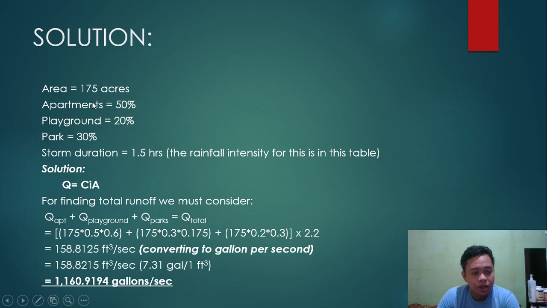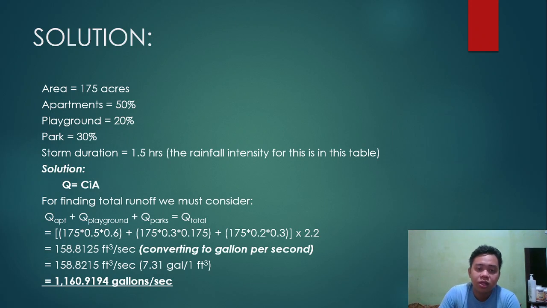So the apartment, playground, and park in this 175 acres will have a total runoff of 1,160.9194 gallons per second. This is just for the three types of drainages above the area.